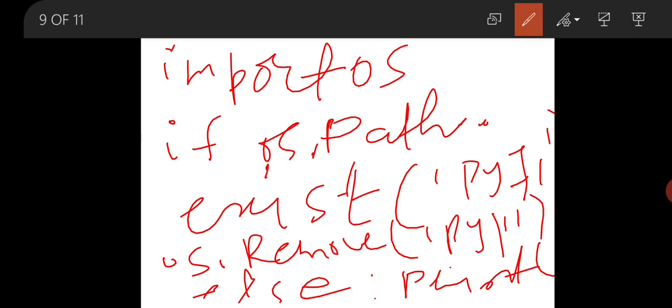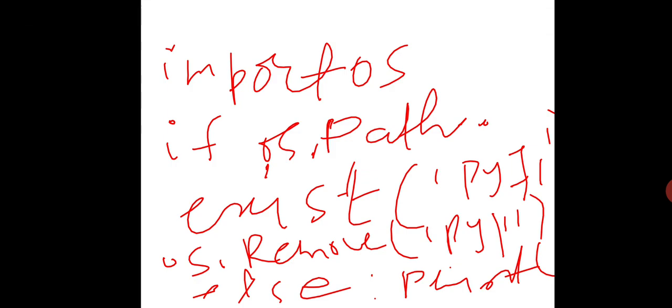Now this is the way to check. First check whether the file exists or not. If the file exists, then delete it, otherwise return the message that the file does not exist.